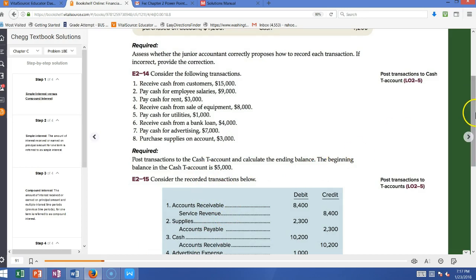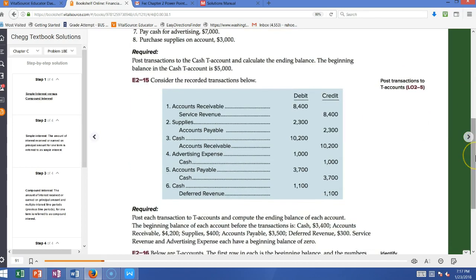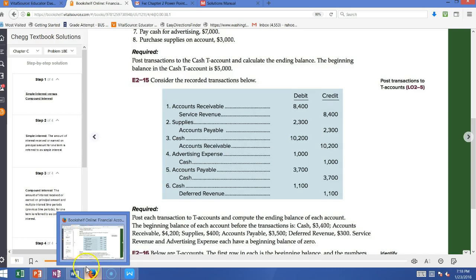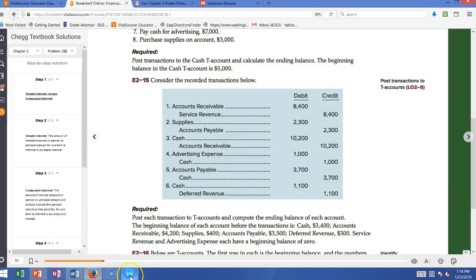Consider the recorded transactions below. We're going to post each transaction to T accounts and compute the ending balance of each account. So the beginning balance of each account before the transactions is cash is $3,400. Everything's on it.